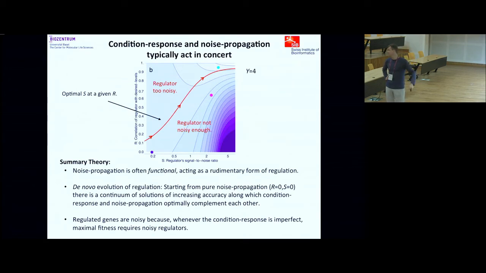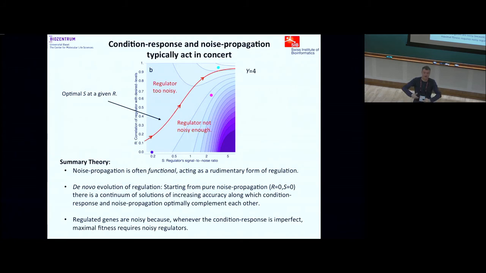This optimal signal to noise level has a pole, and it will diverge at some finite correlation. Here that's 0.9 something, and there the thing will diverge, and the noise level that is optimal is 0. You want an infinitely accurate regulator from that point onwards. It's that bifurcation that I showed you earlier. It's the same one that's happening here.